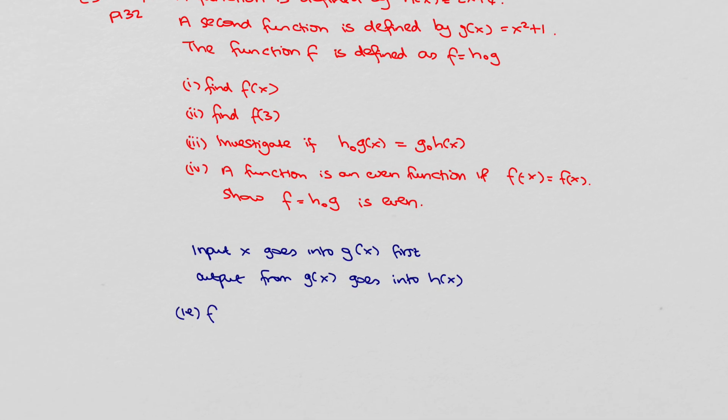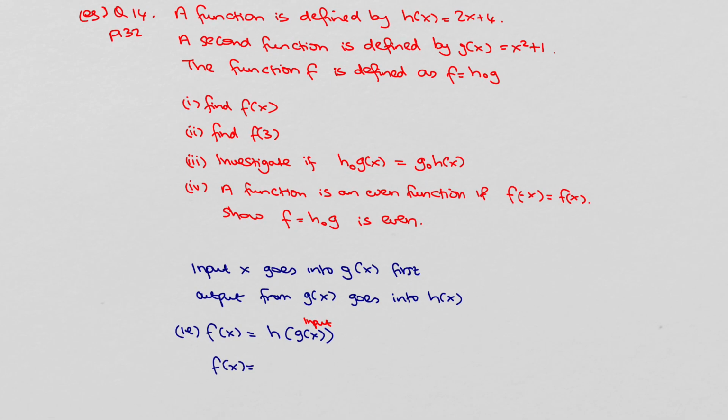So in other words, what that basically means is that the function f of x is where I'm going to take g of x and put it into h of x. In other words, this is my input, so wherever there's an x, we're going to put the function g of x.